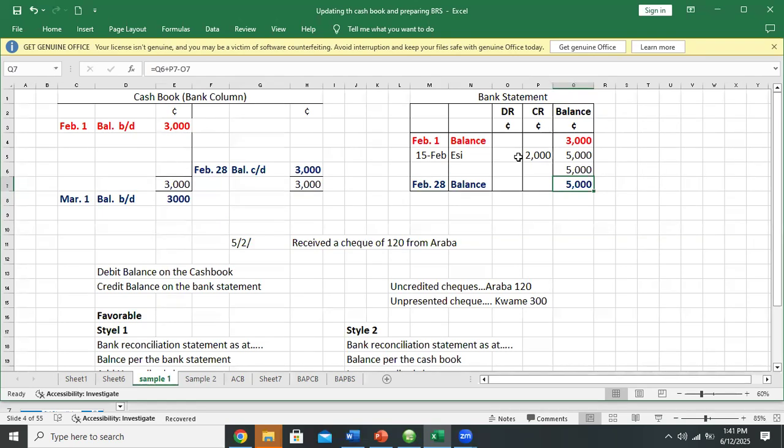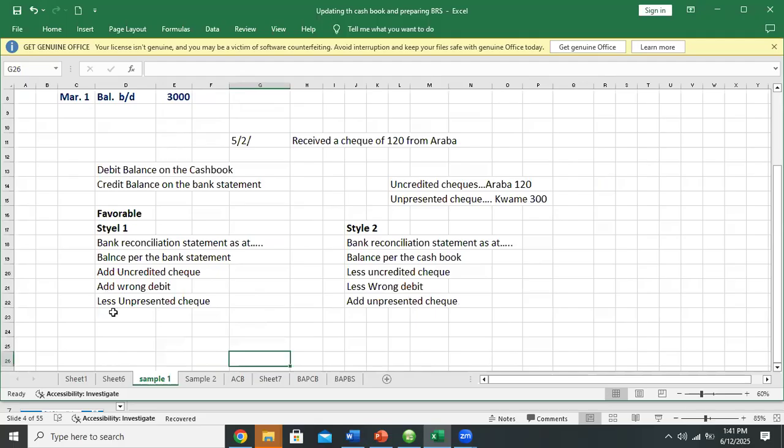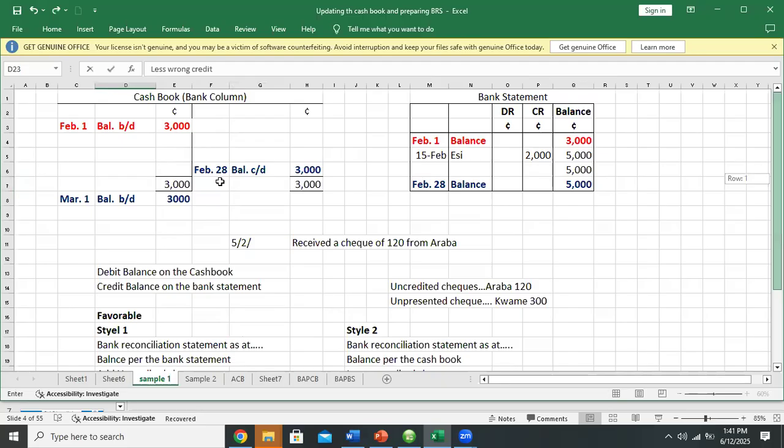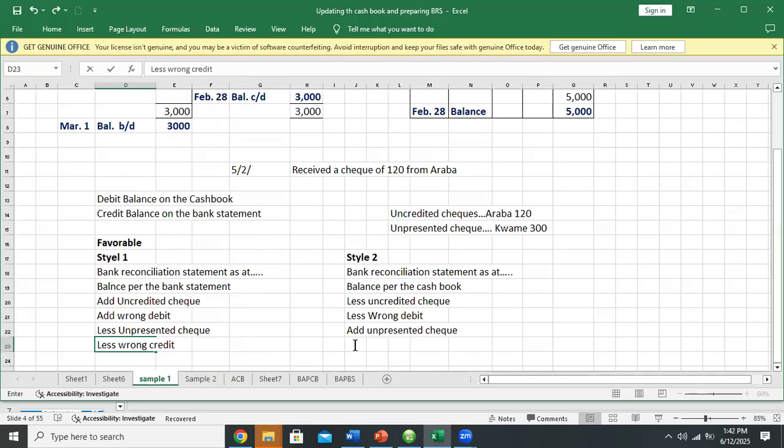So if you start with the balance on the bank statement, you will less the wrong credit, right? What it means is that if you start with the balance per the cash book, which is 3,000, and you want to get the 5,000, you would have to add the wrong credit. Okay, so you add the wrong credit.